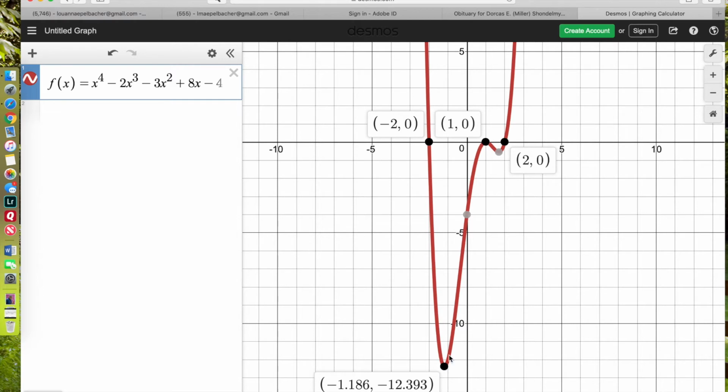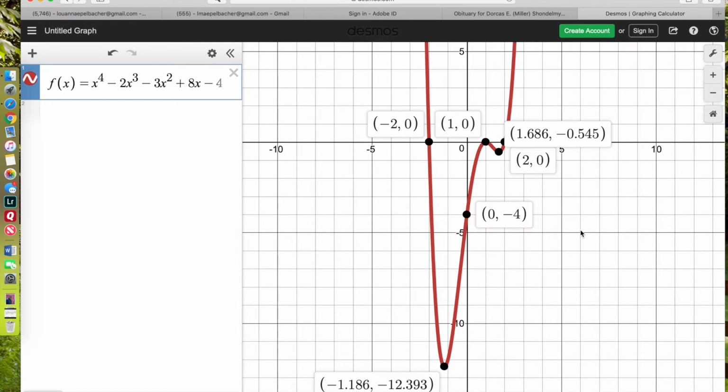I've got a turning point here. I've got a turning point here. Those are both minima. This 1, 0 is not only a double root, but it's also a maximum. And then I've got my y-intercept at 0, -4. So you've got all those different values that you can use when you're answering the questions and put those points on the graph.